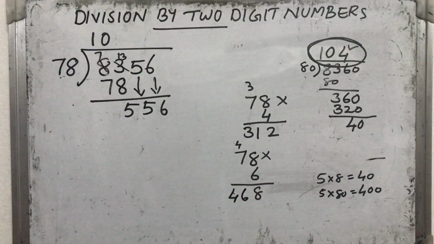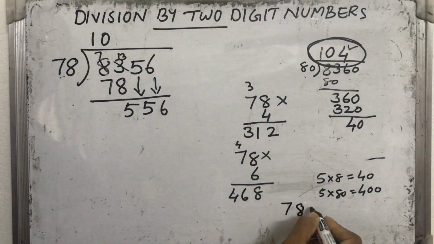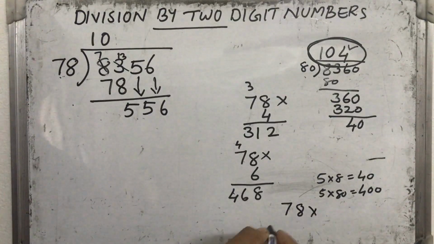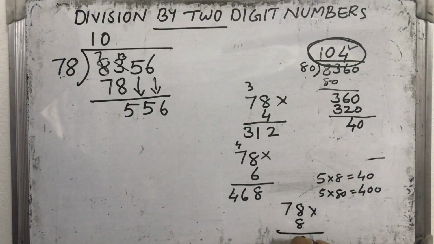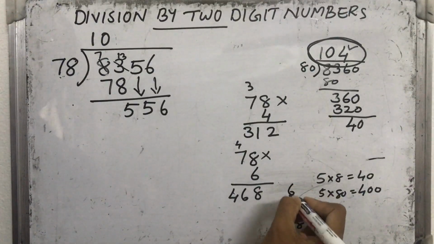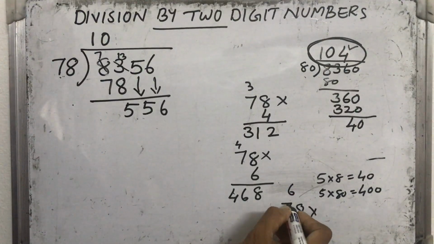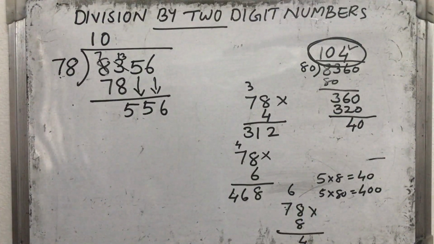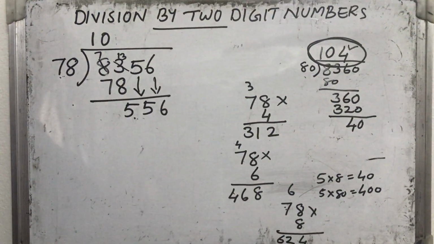That also is not near. So next we multiply 78 with 8. 8 into 8 is 64, balance 6. Then 8 into 7, 56. 56 plus 6, 62. That is greater than 556.